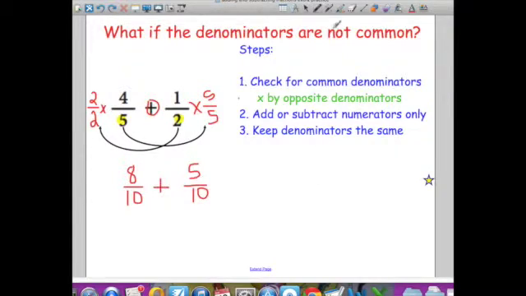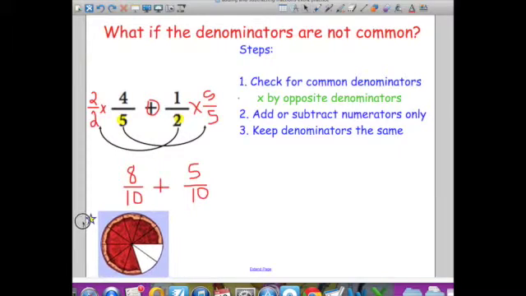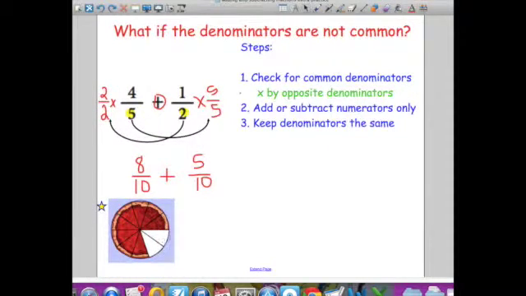Now for a visualization, what I've done basically is take 4/5 and split it into 8/10. Now my math becomes really easy. I have 8/10 here. I'm going to color in 1/10, 2/10, and then I'm going to have a whole other circle over here to add my last 3/10.